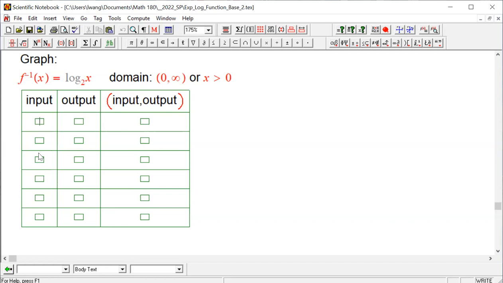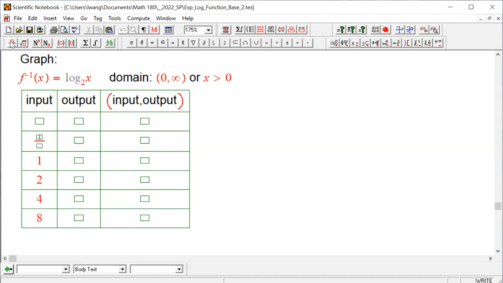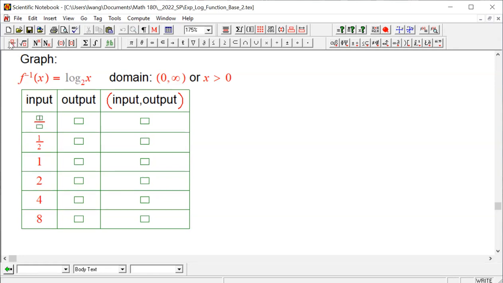And of course, we can choose numbers like 1, 2, 4, 8, right? Those are powers of 2. We can also choose half, which is closer to 0. We can choose a quarter.